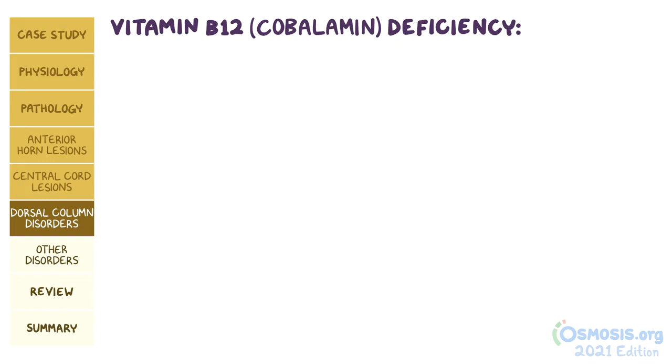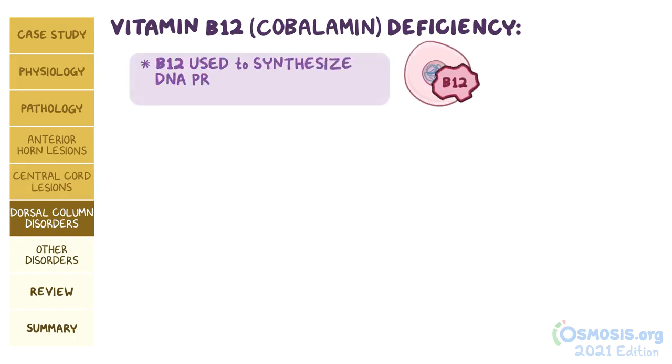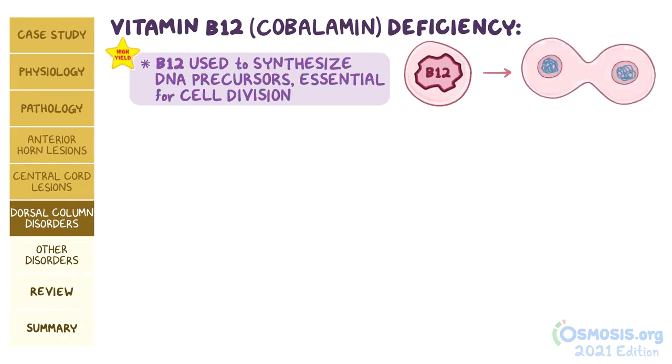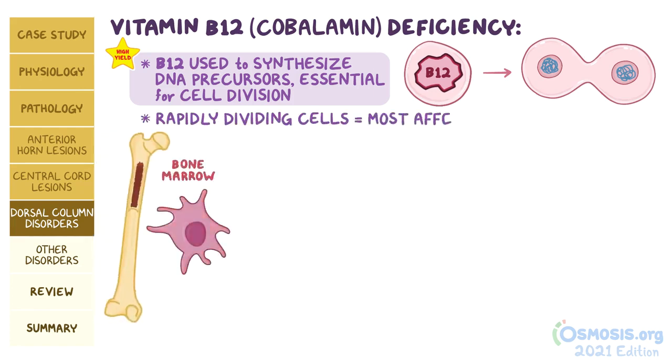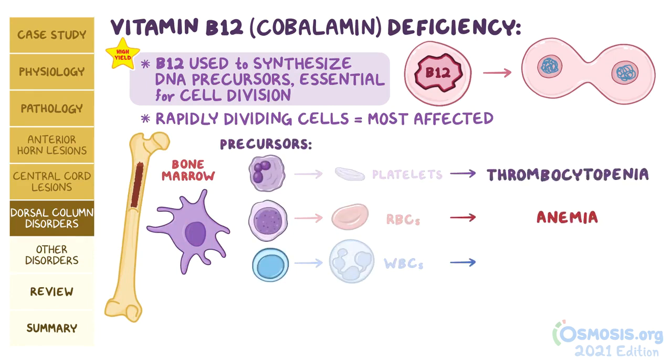Now, for your exams, it's important to remember that vitamin B12 is used to synthesize DNA precursors, which is essential for cell division. When B12 levels are low or absent, cell division is impaired, so rapidly dividing cells, like those in the bone marrow, are the most affected. This includes precursors for platelets and both red and white blood cells, leading to thrombocytopenia, anemia, and possibly to leukopenia.